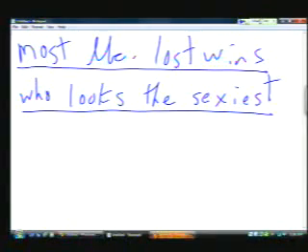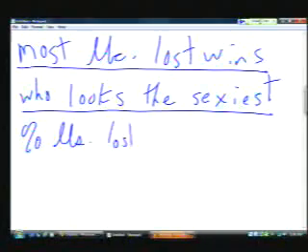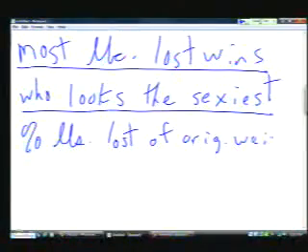It's the percentage pounds lost, so it's percent pounds lost of original weight. All right.